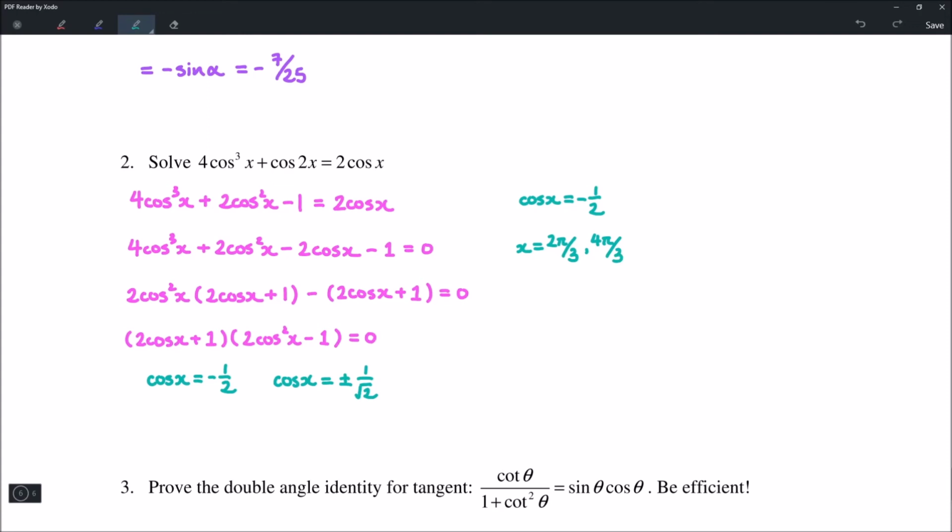And then for the second part, we have x is equal to pi over 4, 3 pi over 4, 5 pi over 4, and also 7 pi over 4.